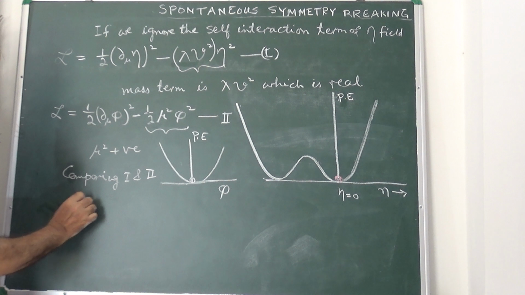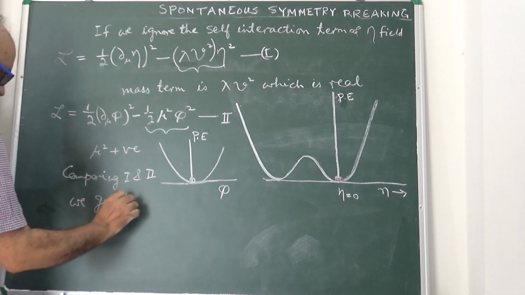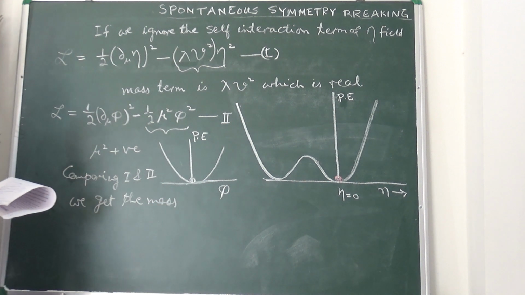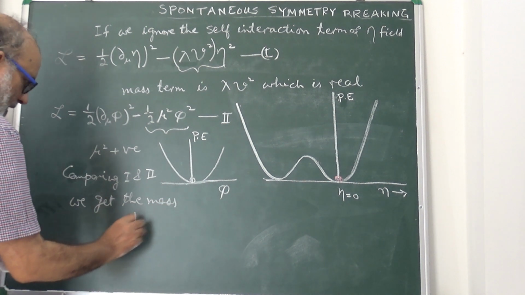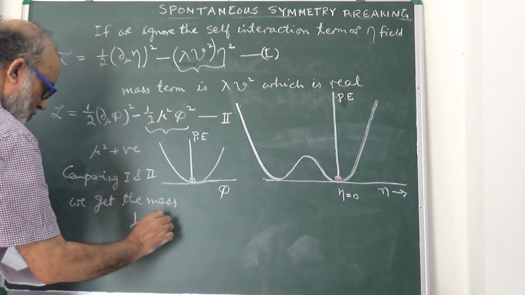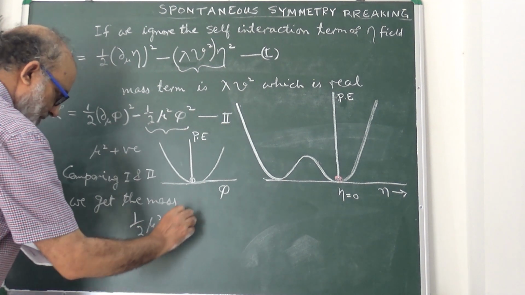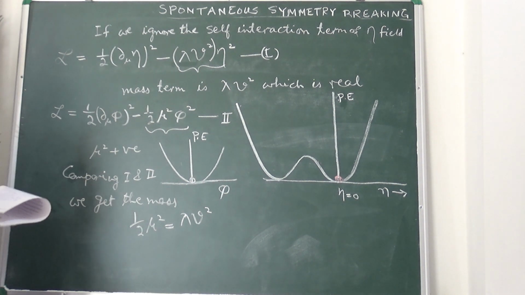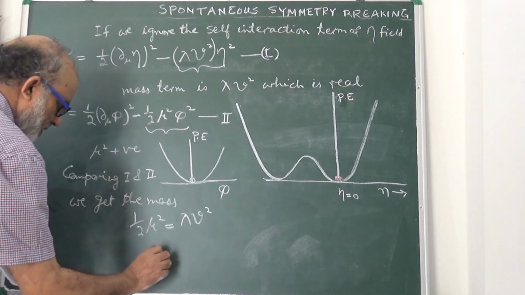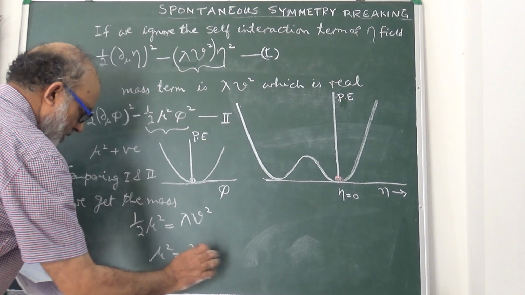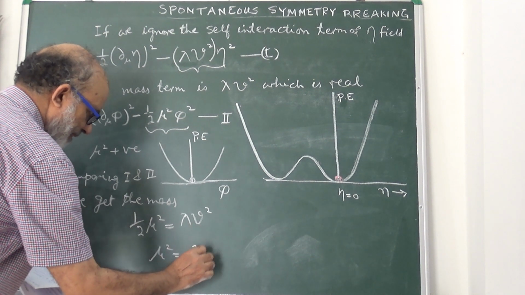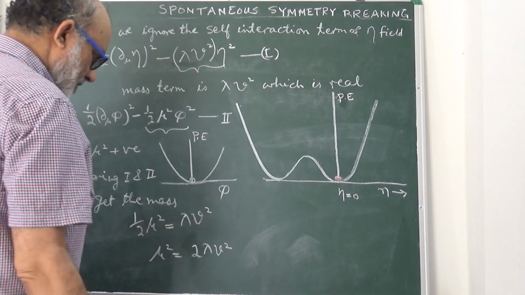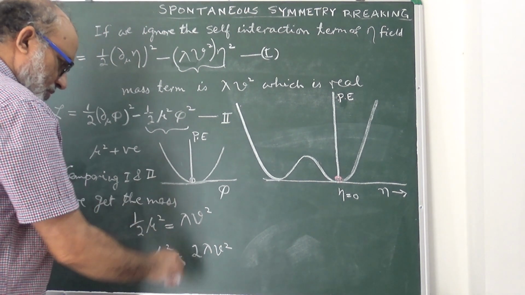we get the mass is half mu square as lambda b square, and mu square is then 2 times lambda b square, and the mass of this will be the square root of this.